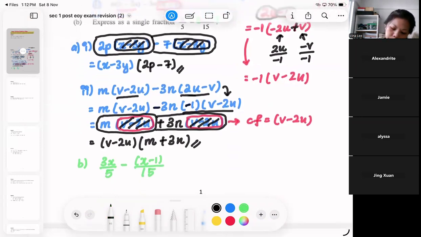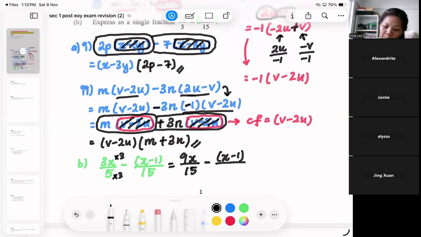I think all of you will know that you need to get the same denominator. So go ahead and get the same denominator, but remember the bracket.